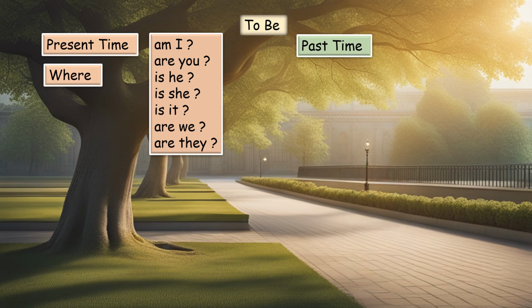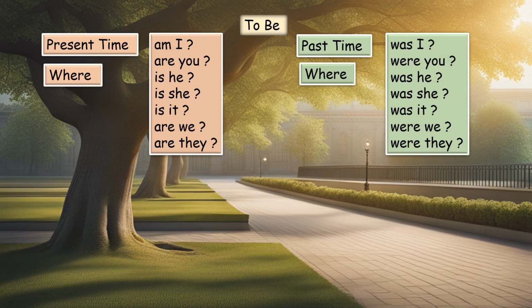Here are the same questions, but in past tense. Where was I? I was at the park. Where were you? You were at home. Where was he? He was at the park.